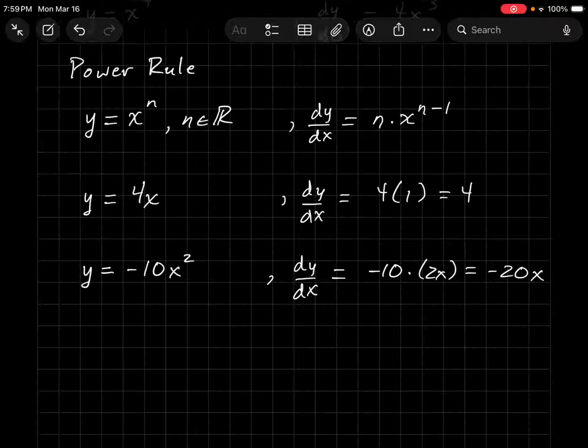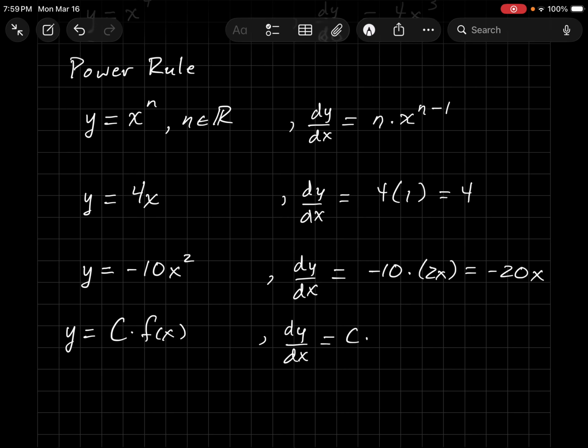So the constant rule is as follows. If I have y equals c times some function, then the derivative is c times the derivative of that function. Basically, we ignore the constant and just multiply it in at the end.